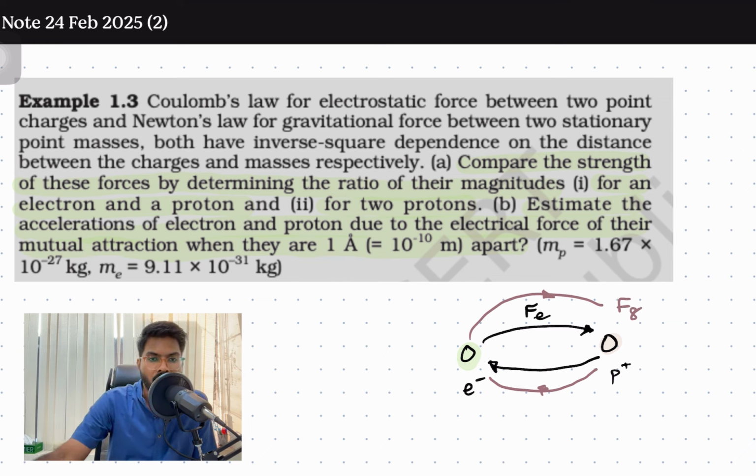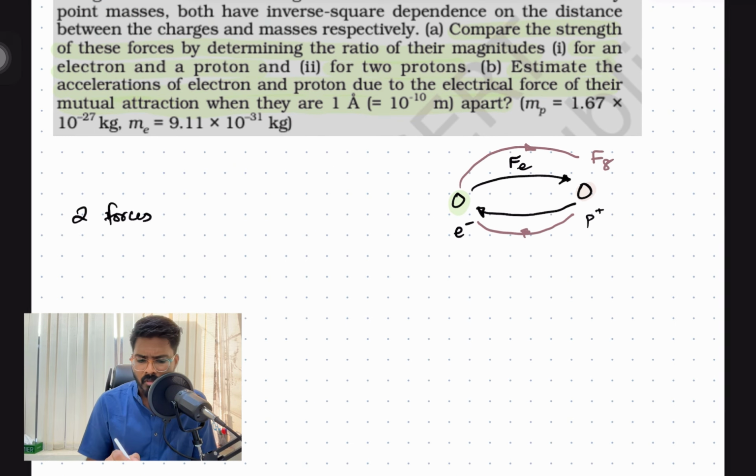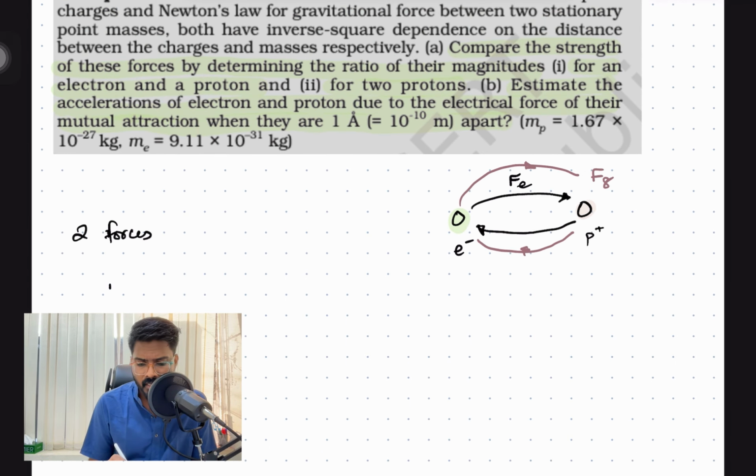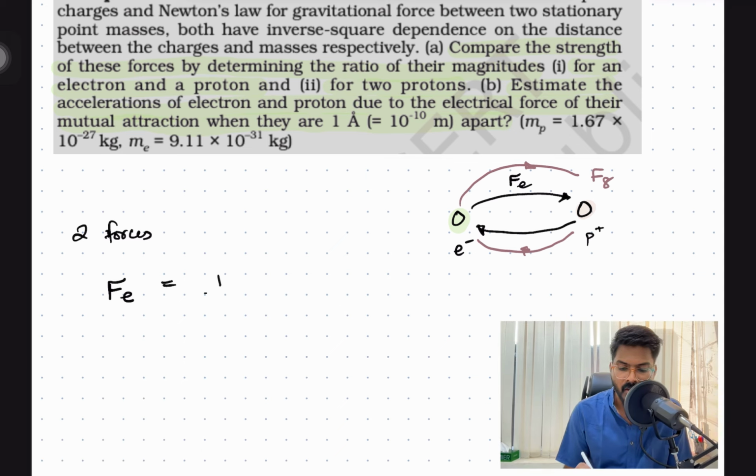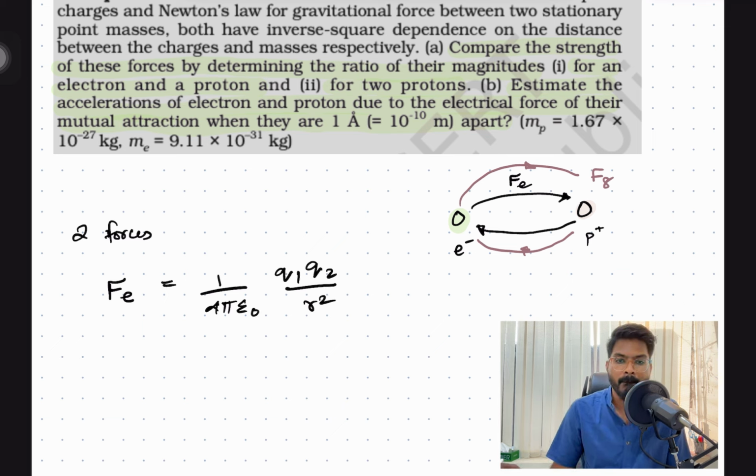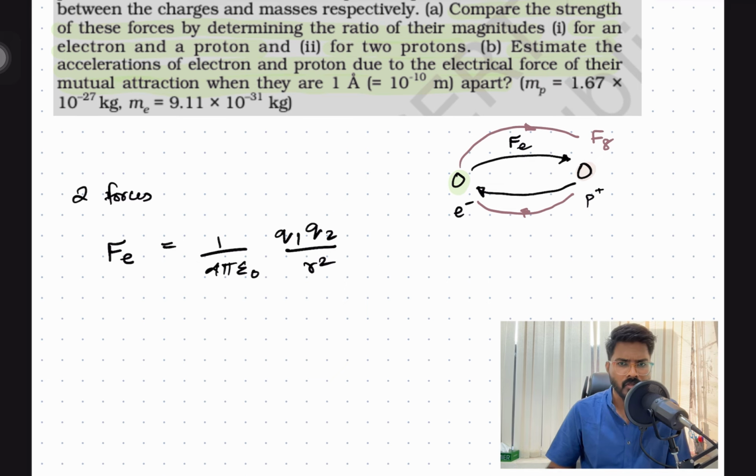Now we have to find both these forces. Now as for the first force, which is the electric force, we already know, we have derived the formula for that, 1 by 4 pi epsilon naught into q1 q2 by r square. We know the formula for this already.